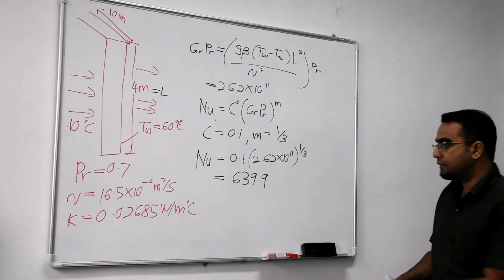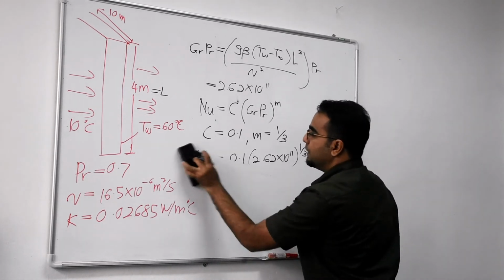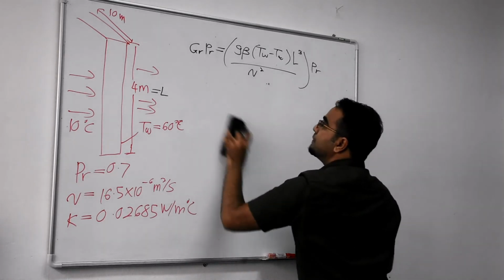Once you have gotten the value of Nusselt number, you have to find the value of h.